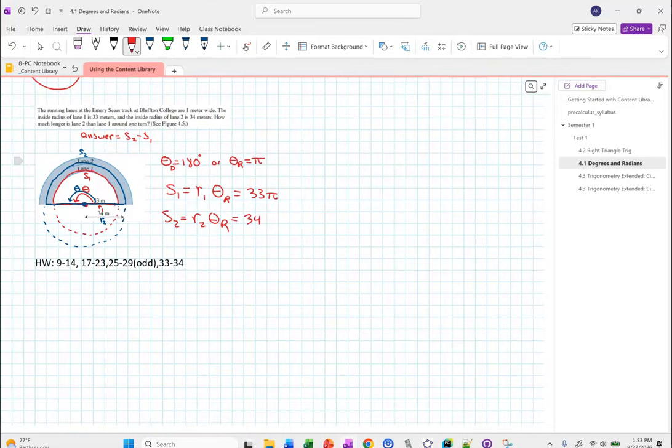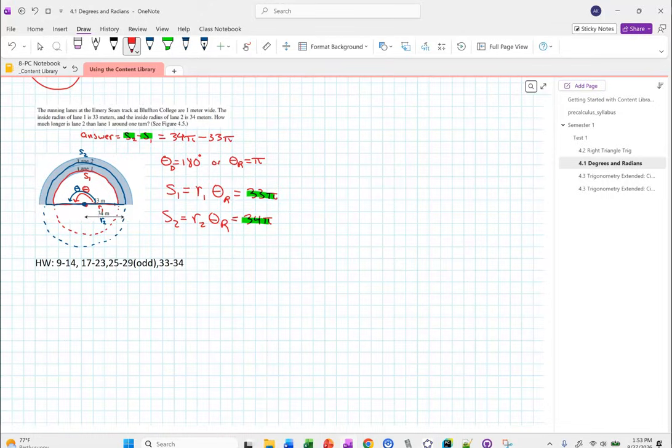R2 is 34. Did I say 33 degrees? That's confusing. It's not. It's meters is the unit there. Good gravy. And theta R is still pi. So if I take those and plug them in, I have 34 pi minus 33 pi.